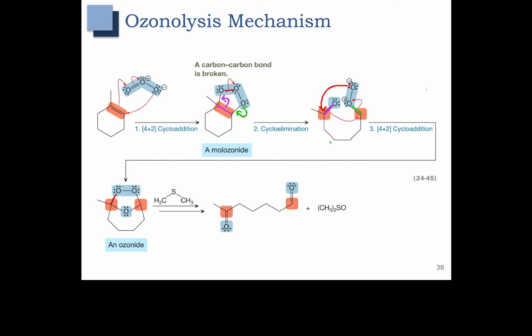The pink electrons then come over and attack the carbonyl carbon. And that forms this pink bond here. Green electrons then go up to the oxygen to form a green lone pair. Reduction with dimethyl sulfide gives the product.